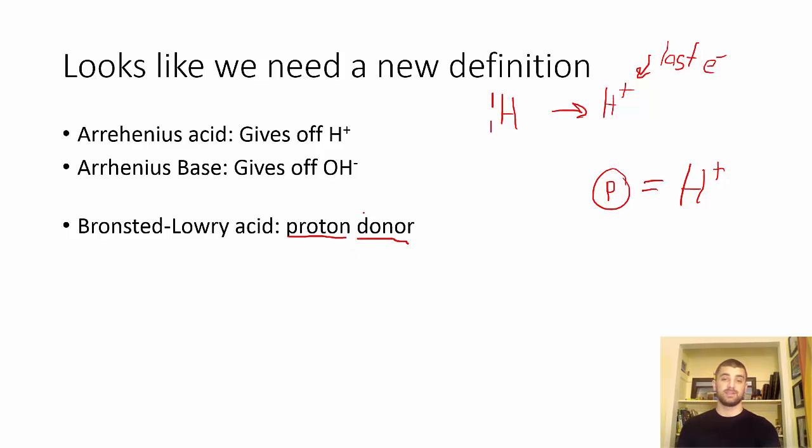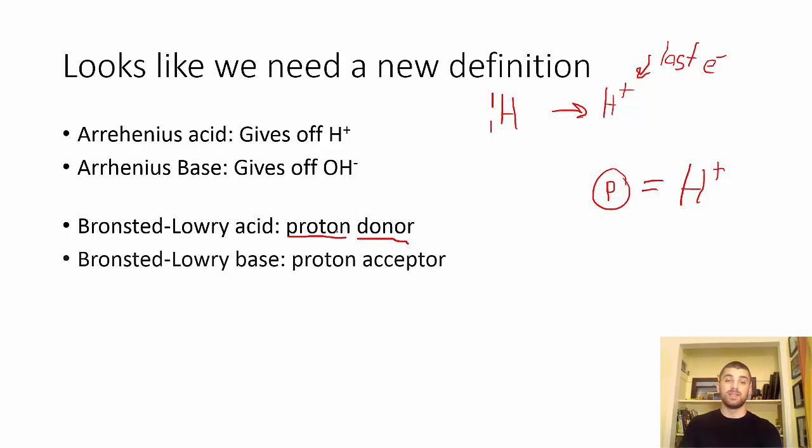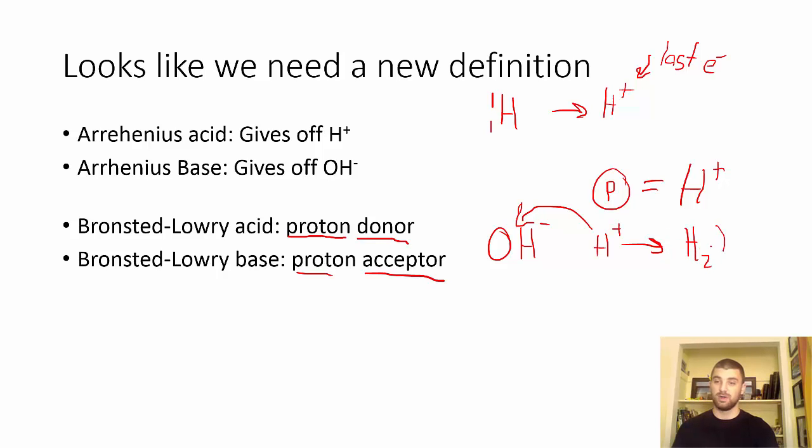And now the new way to define a base would be that the base is a proton acceptor. It doesn't have to be OH. If I had an OH minus and an H plus, the H plus would be donated to the OH minus and give us H2O. That would still work. But there are other things, just like in the example with NH3, that can accept a proton.